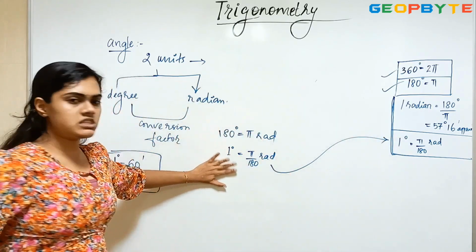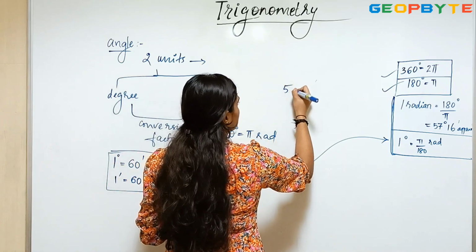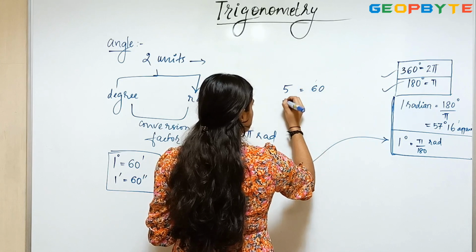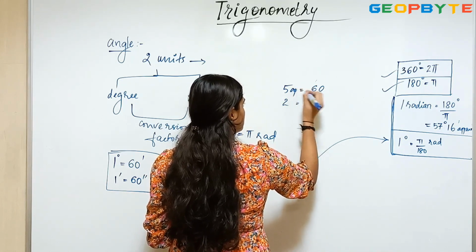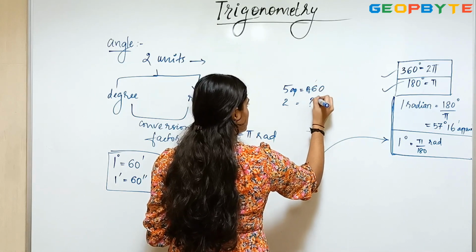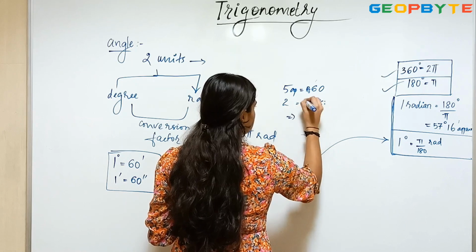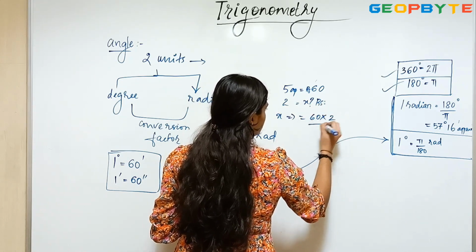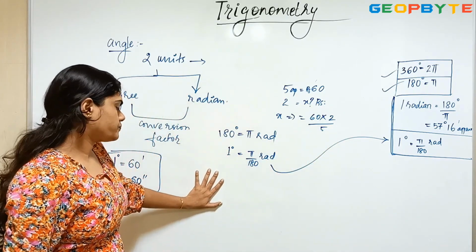This is the same as basic cross multiplication. If 5 apples cost 60 rupees, then how many rupees for 2 apples? It's the same as x equal to 60 into 2 by 5. It's the same thing we are doing here.